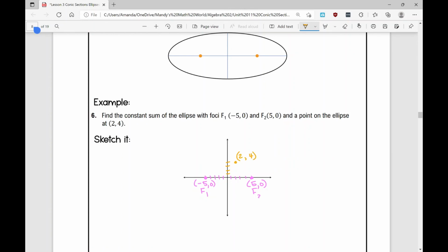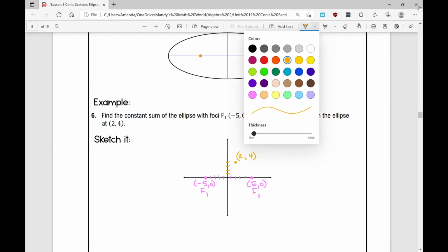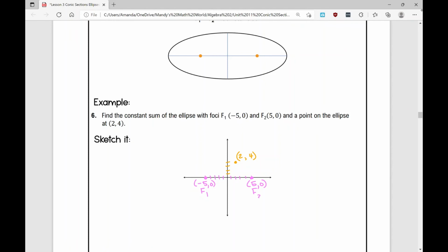We're finding the constant sum. What we need to do is find the distance from the first focus, f sub 1, to that point on the ellipse. I'm going to call that d sub 1. Let's do that first over here. We're going to use the distance formula.